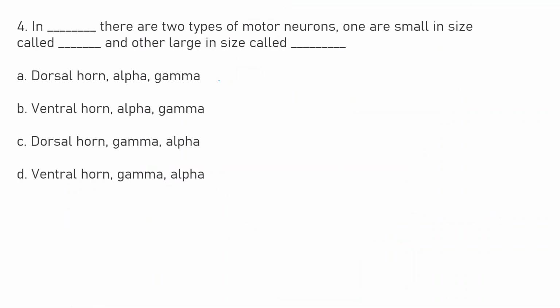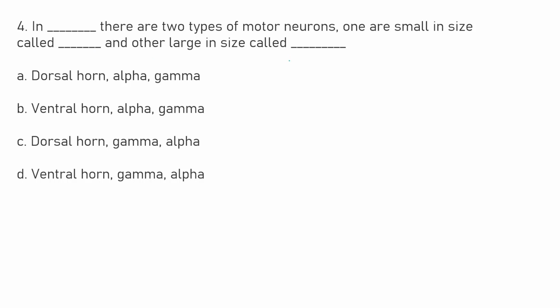So moving to the next question: in a specific region, we have to tell the name of that region. There are two types of motor neurons. One is small in size, called what, and the other is large in size, called what.